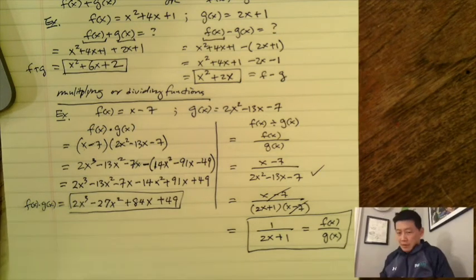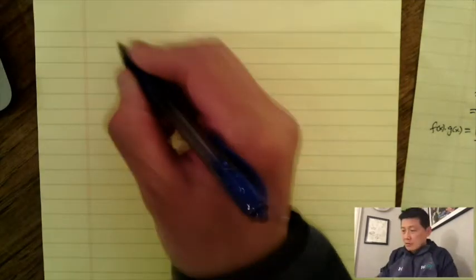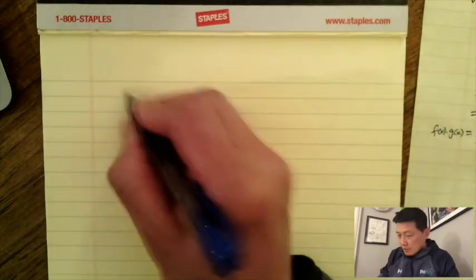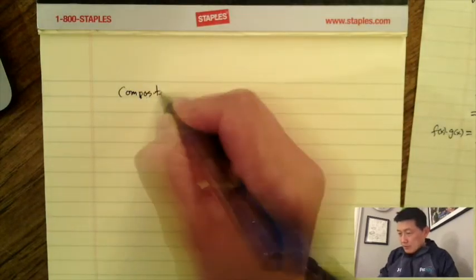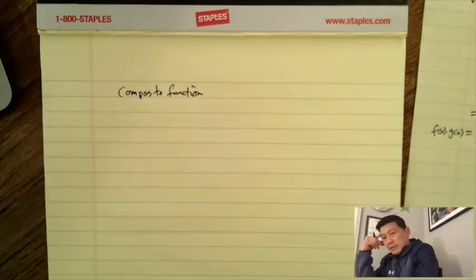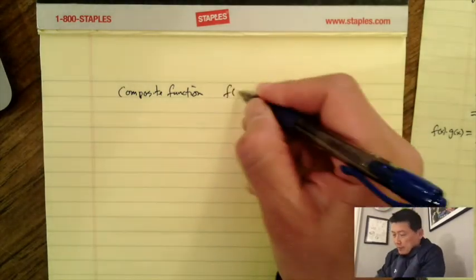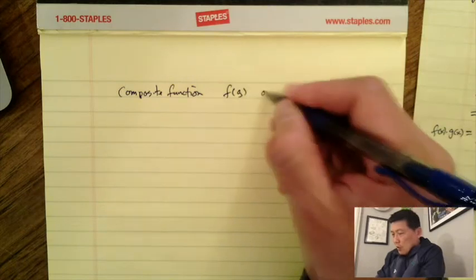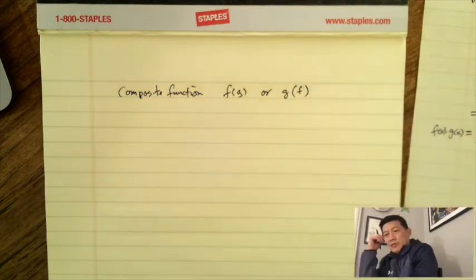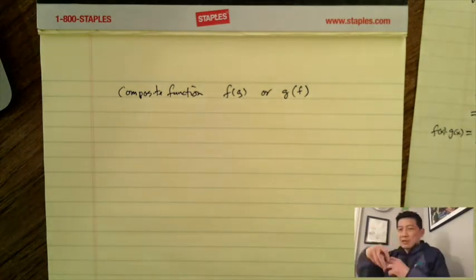So now we're going to go on to a slightly more complicated operation, which is what we call the composite function. One good way to think about a composite function, and oftentimes it looks like f of g or g of f, is that you have two different functions, and you take one function and stick it into another one.